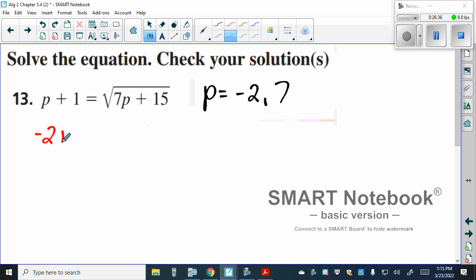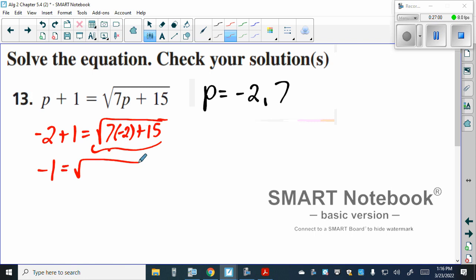So if we say negative 2 plus 1 is equal to the square root of 7 times negative 2 plus 15. Well, negative 2 plus 1 is negative 1. Now at this point here, when checking, we could type this onto the calculator. You don't have to step this out one step at a time. And we could plug it in.